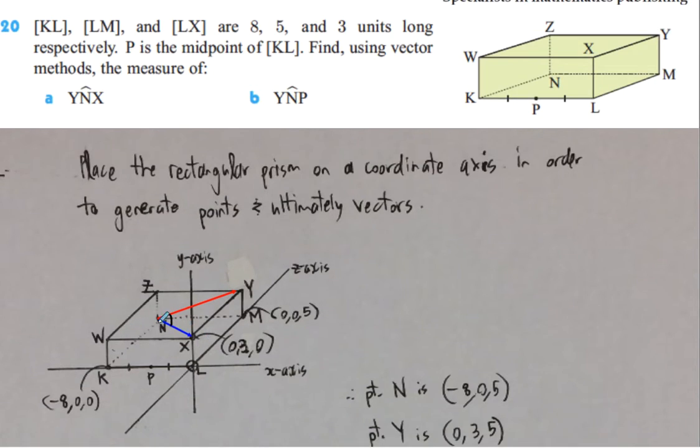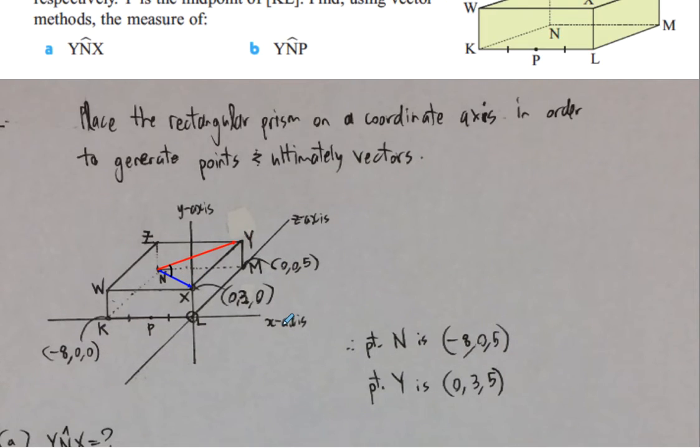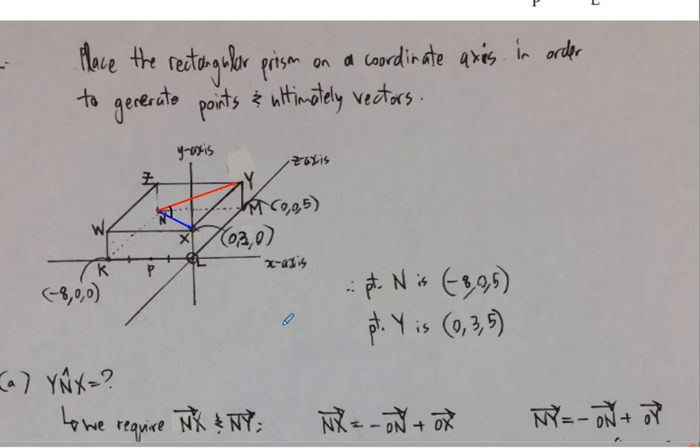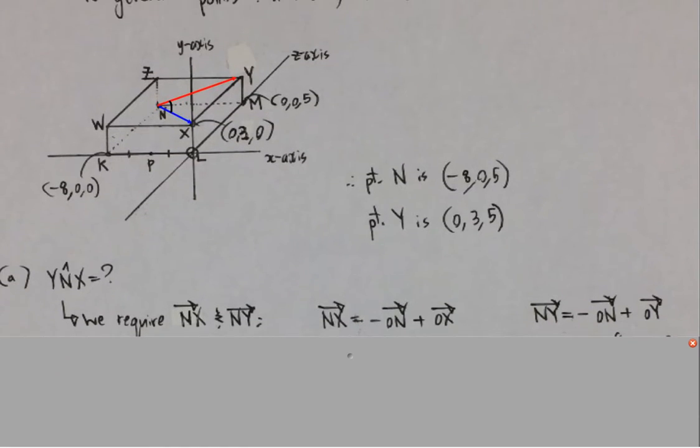So we're given two vectors that create that particular angle, and we stated in prior videos, if you had a chance to view them, when we introduced the scalar product, and I suggest you go back to that video if you need a refresher, that one of the prime motivators for the scalar product is to find the angle between two given vectors. So we need the actual components now of the NY vector and the NX vector, the red and the blue vector.